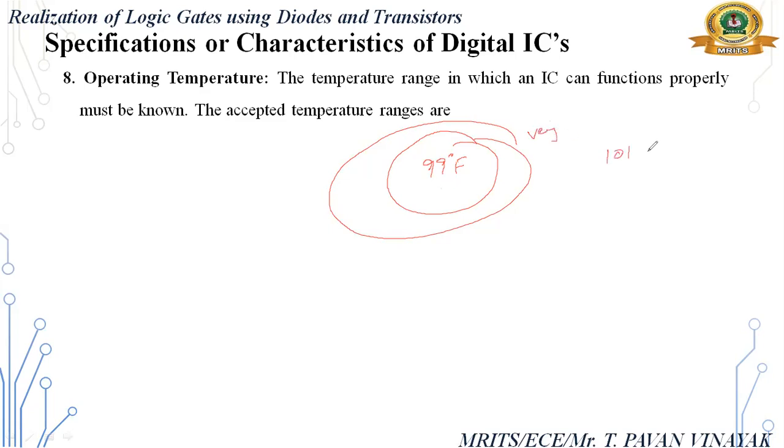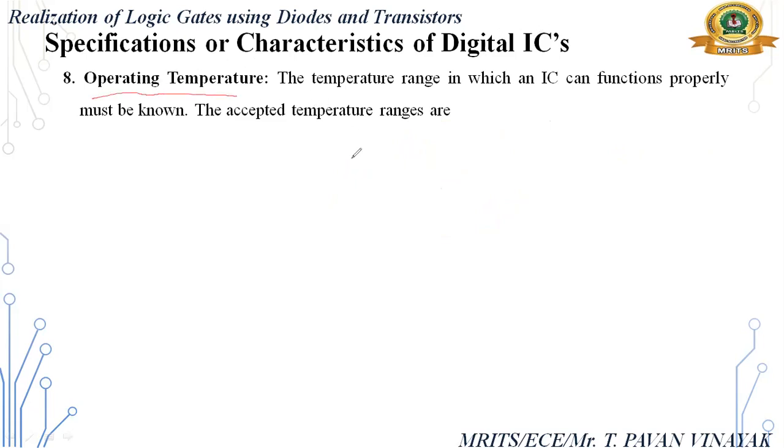Whenever you get 101 or 102, you feel like you have a fever, right? You become ill. Similarly, the same concept is applied here. ICs must also operate in particular temperatures only. If you use them beyond those temperatures, the IC will get damaged.